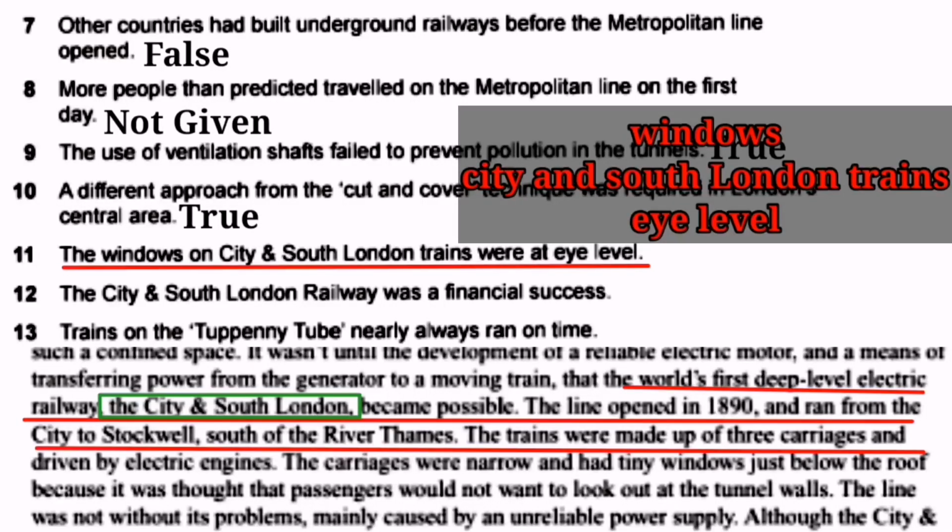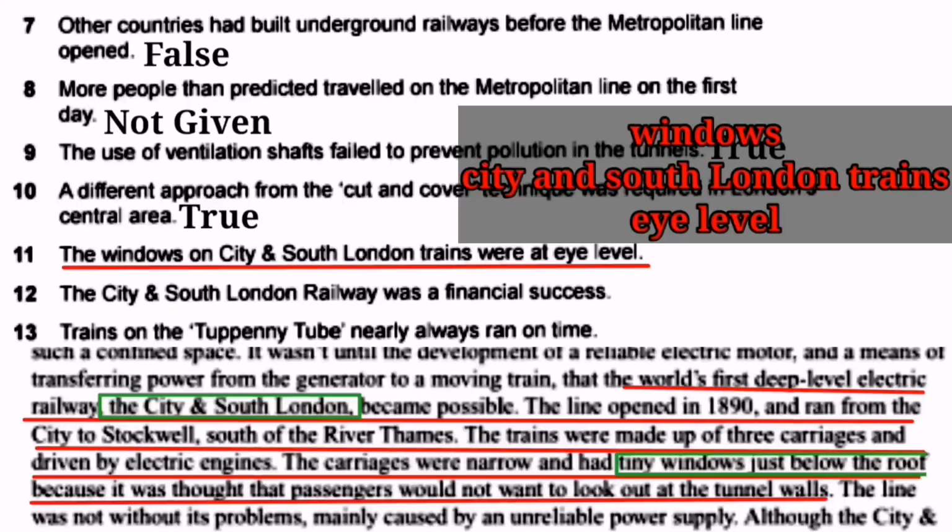The trains were made up of 3 carriages and driven by electric engines. The carriages were narrow and had tiny windows just below the roof because it was thought that passengers would not want to look out at the tunnel walls. So according to the passage, the windows of the City and South London trains were just below the roof, and the idea was that passengers did not want to look out at the tunnel.